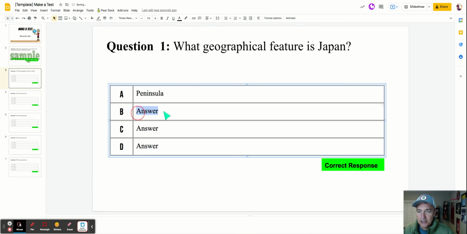Is it a country? Surrounded by desert? I don't really like that question, but you get the idea. Or is it an island? Or is it a series of islands?